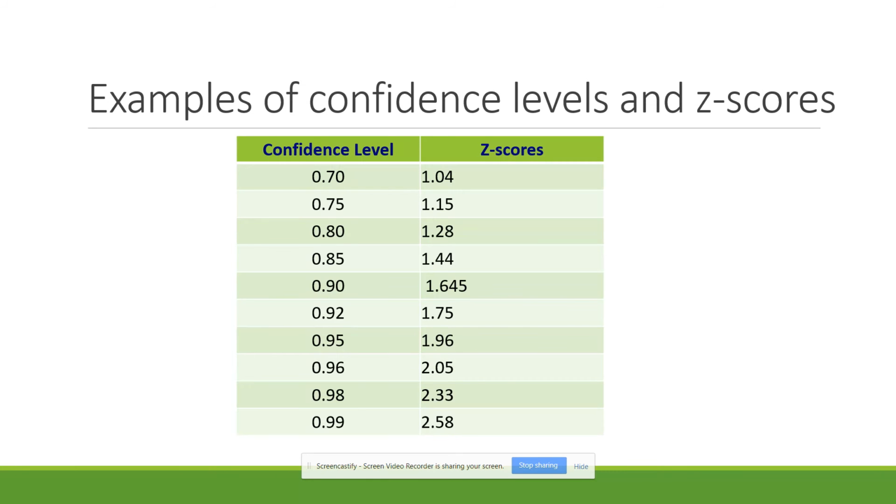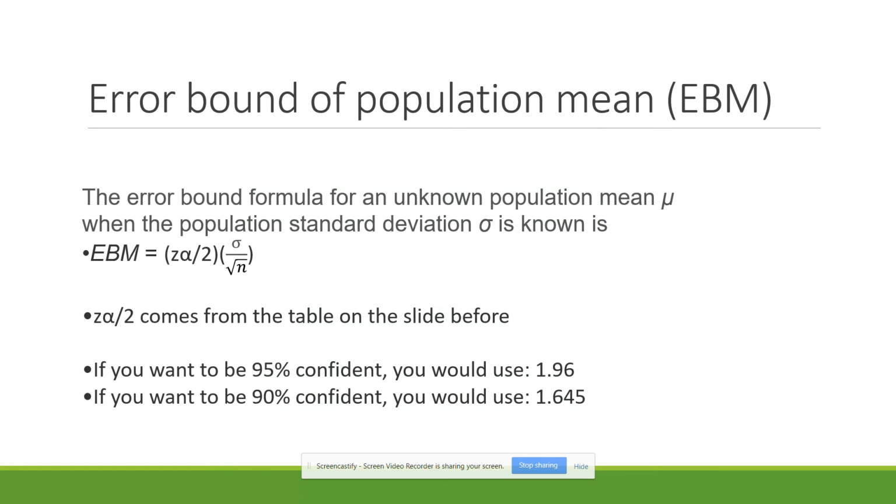Here are some examples of confidence levels and z-scores. If you go back and think about chapter 6, you might remember the z-scores that we used. Again, the error bound formula for an unknown population mean when the population standard deviation is known is EBM equals z alpha divided by 2, which we already gave you in the table before, times the population standard deviation over the square root of the sample size.